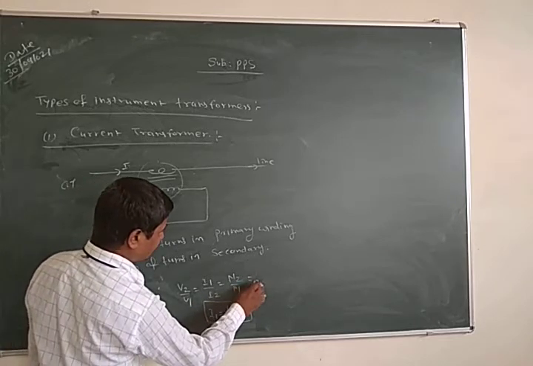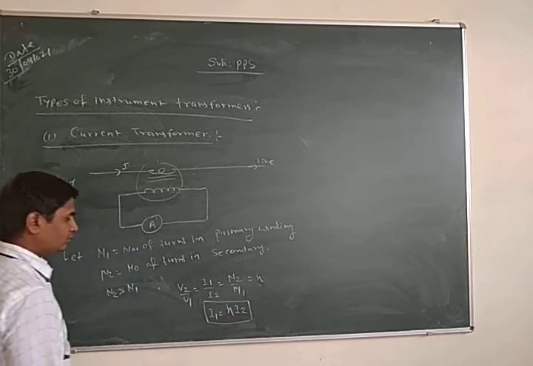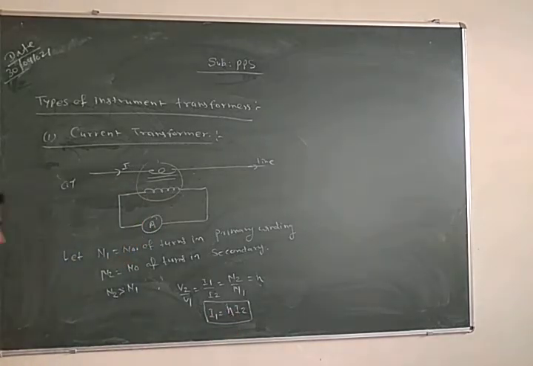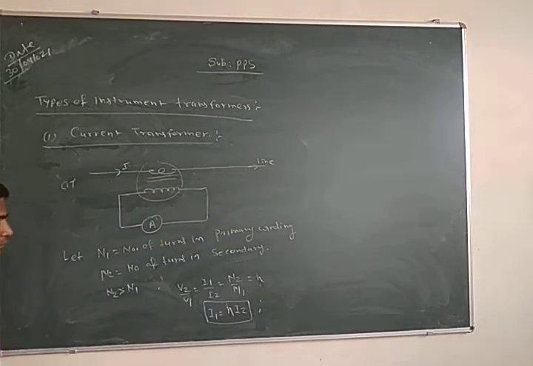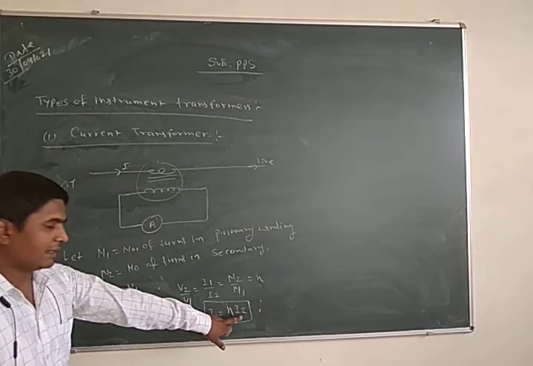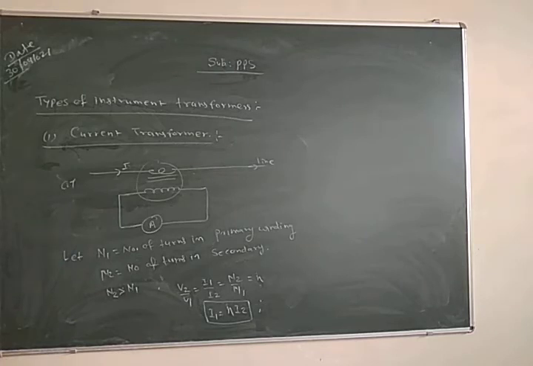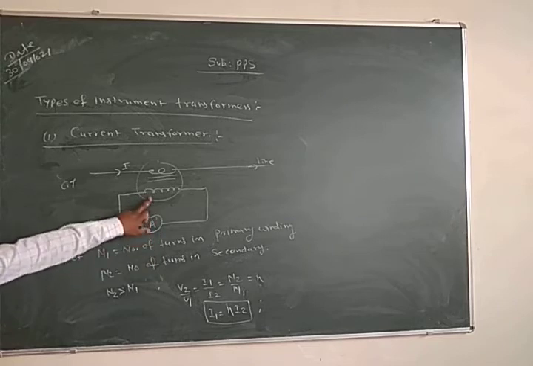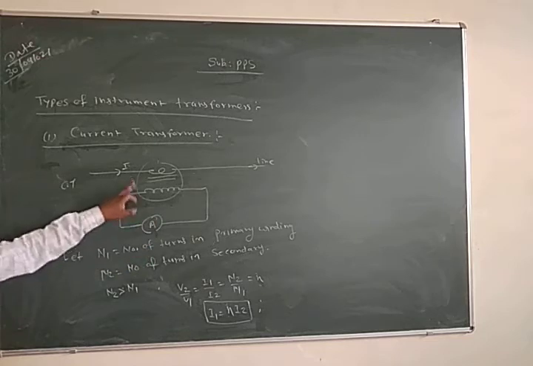If we consider it N, then we can say I1 is equal to N times I2, or I2 is equal to I1 upon N. So if we know primary current, then we can obtain secondary current from transformer ratio. Here, measuring instrument is ammeter, which is connected in the secondary of CT to measure the current of line.